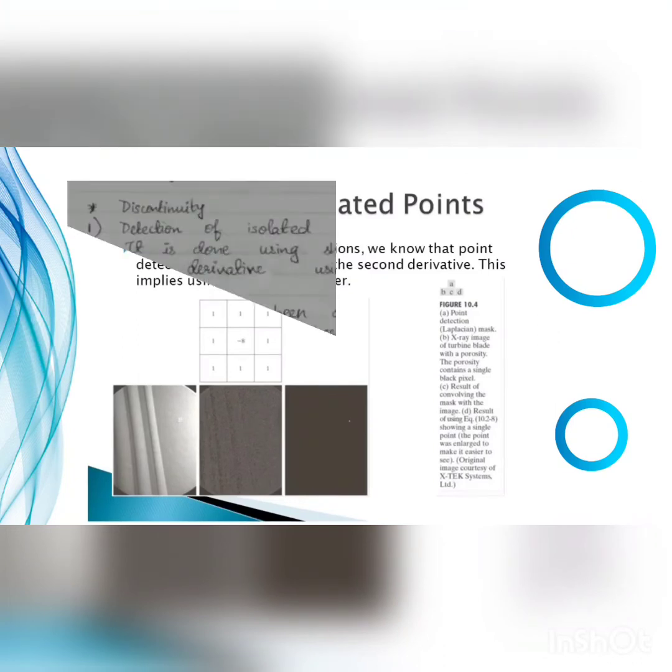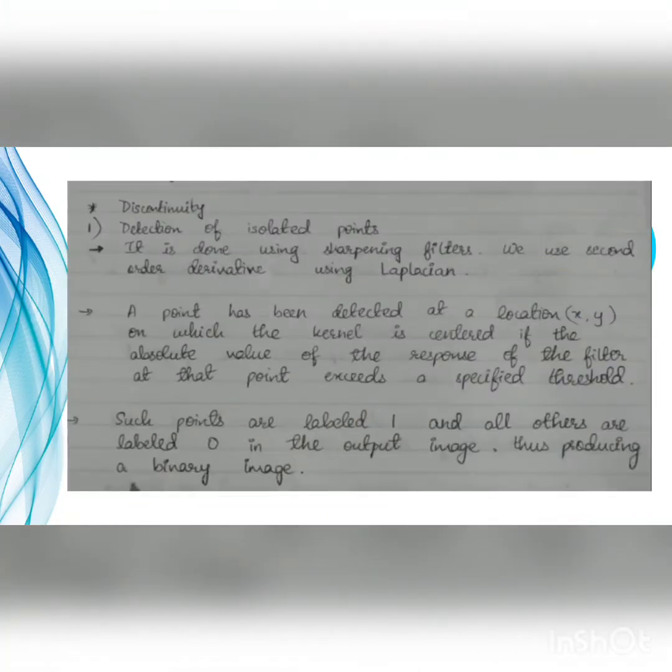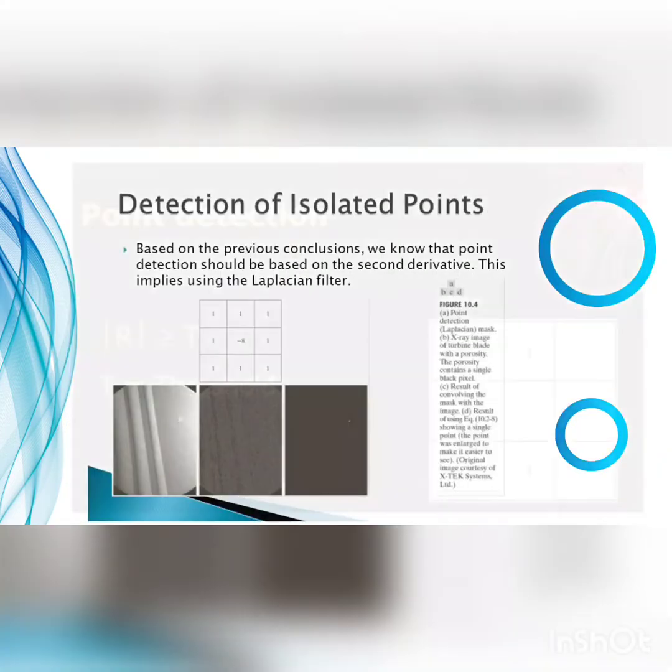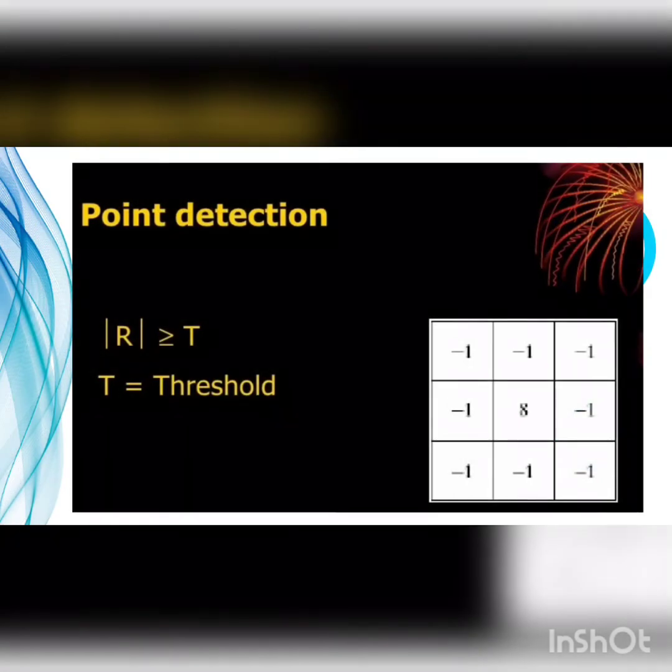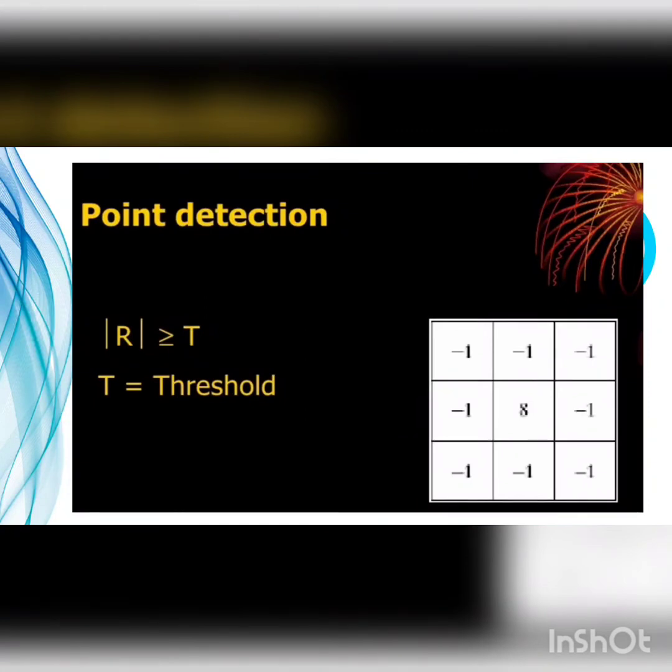basically, for detecting a point, we have been given some function and also a threshold value. If the values in the 3 by 3 matrix, or some other matrix of values in our image, exceed the given threshold value, then we label it as 1, otherwise we label it as 0.